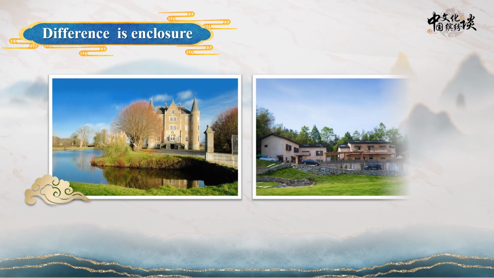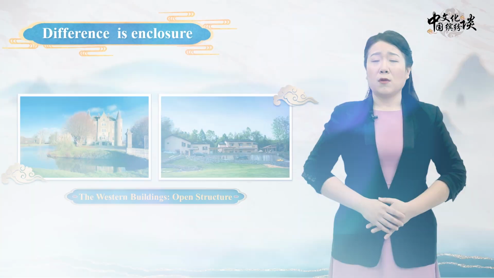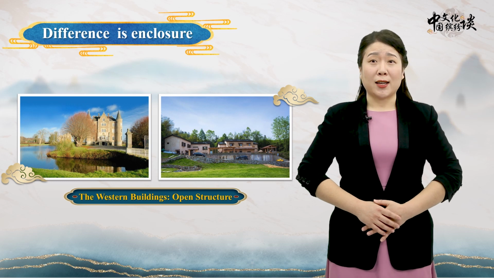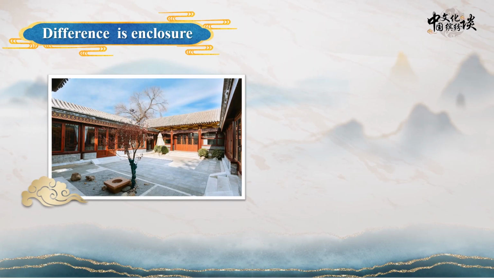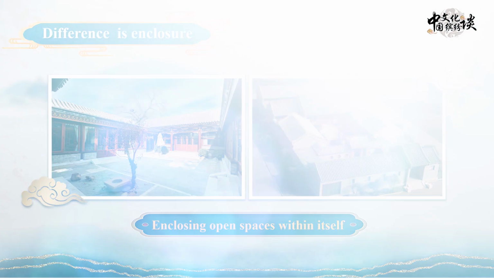Contemporary Western architectural practices typically involve surrounding a building by an open yard on the property. This contrasts with much of traditional Chinese architecture, which involves constructing buildings or building complexes that take up an entire property but enclose open spaces within itself.